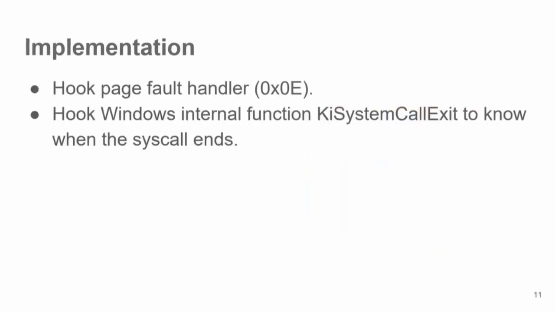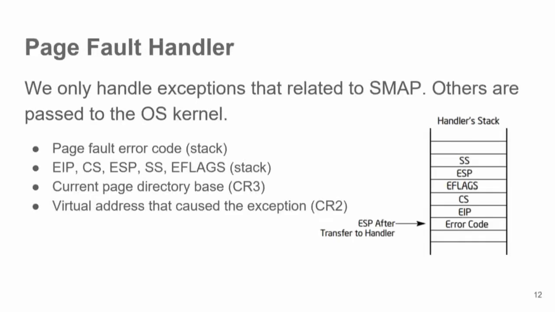Up to now, the implementation is very simple. We just need to hook the page fault handler, and most of the work is done there. We also need to hook one more Windows internal function, KiSystemCallExit, just to let us know when the syscall ends. In the page fault handler, we only handle the exceptions related to SMAP.